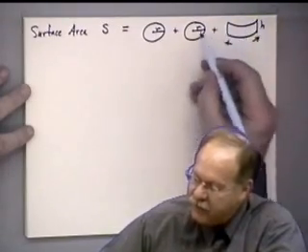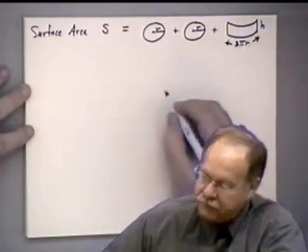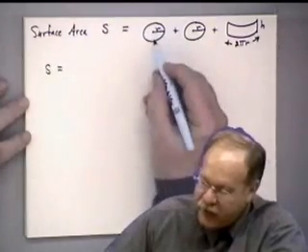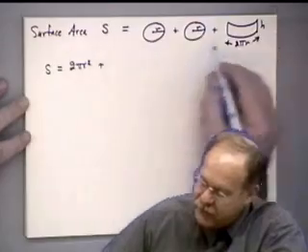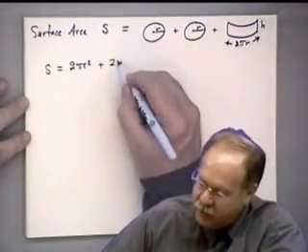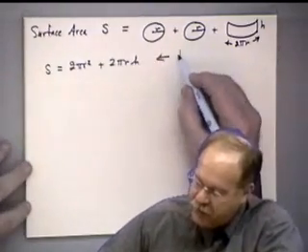Well, that is the circumference of one of these circles. So that's 2 pi r. So that means I could write S here as these two areas added. That'd be 2 times pi r squared, plus the area of this rectangle, which is 2 pi r times h. But there are too many variables here.